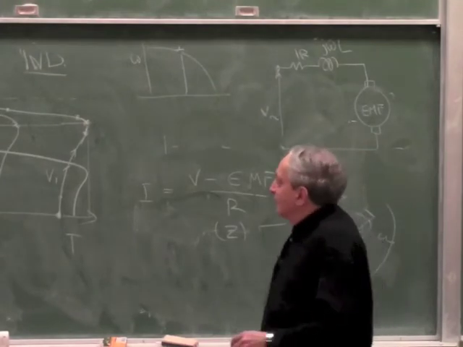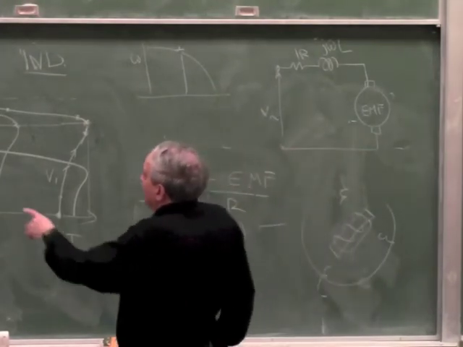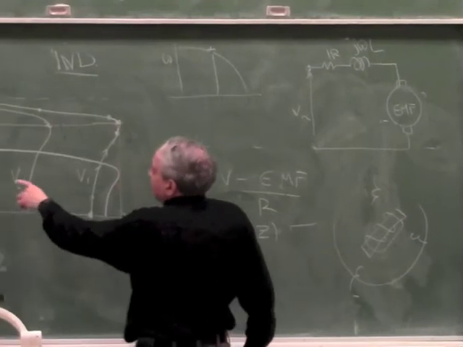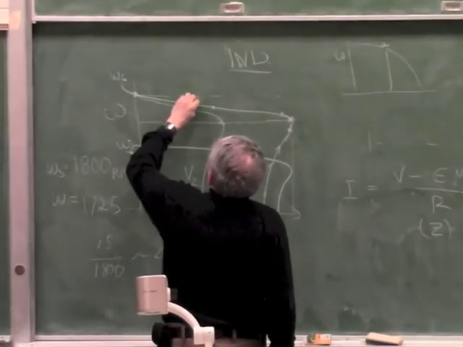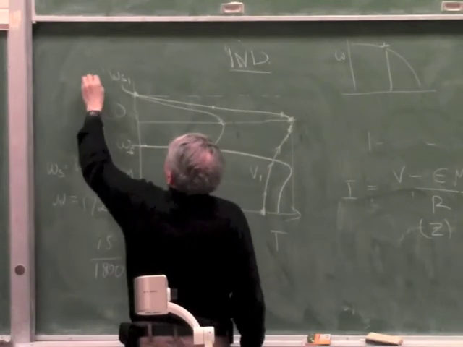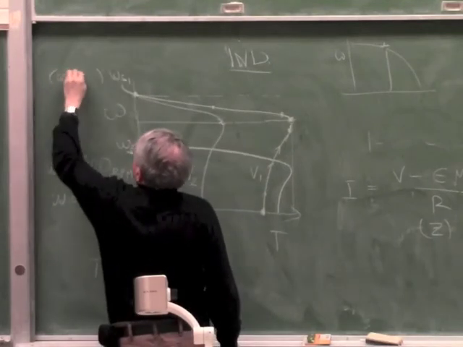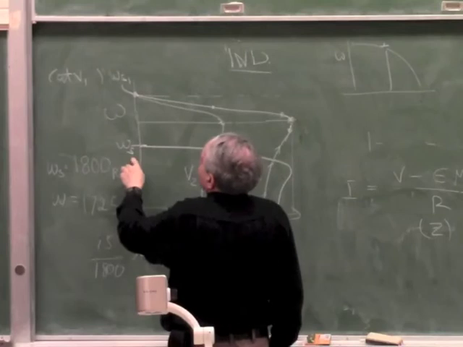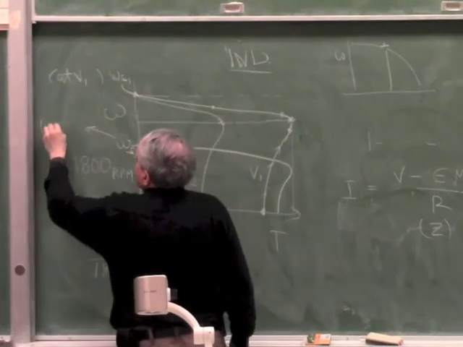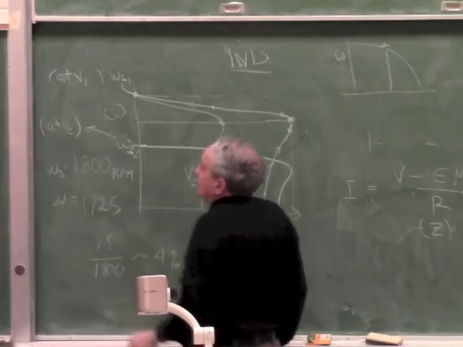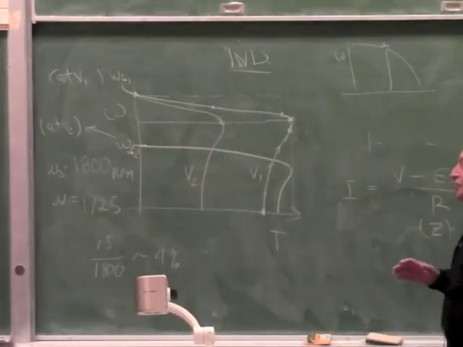Okay? So here when I go to omega s, I also have to use a different voltage. So this is omega s1. This is at V1, and if I go to omega s2, synchronous speed, I also have to go at V2. So just changing the voltage doesn't change the speed.